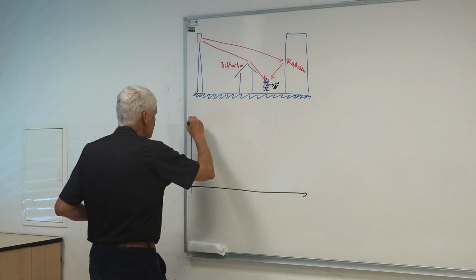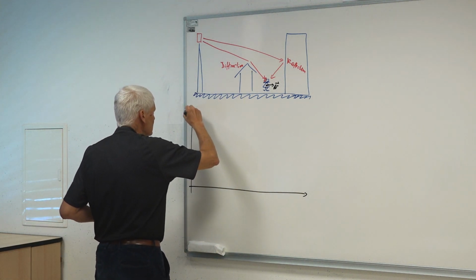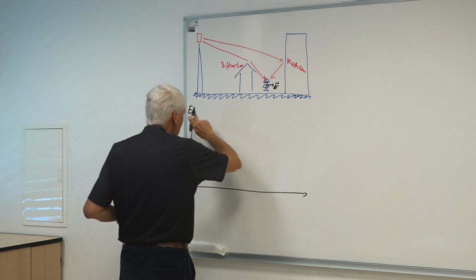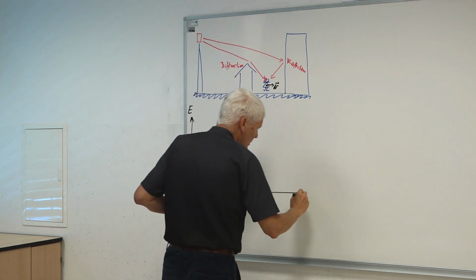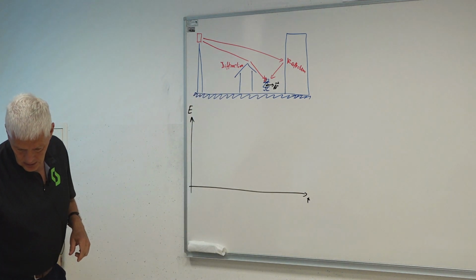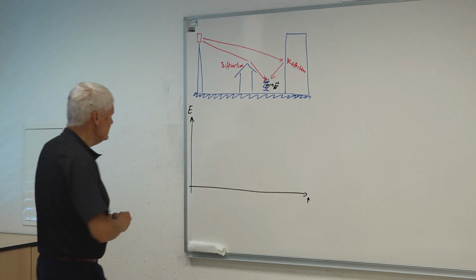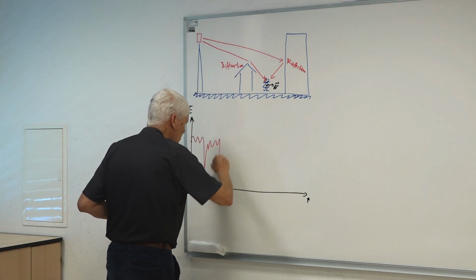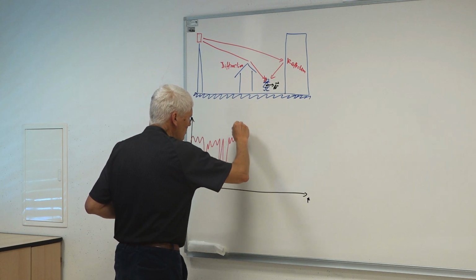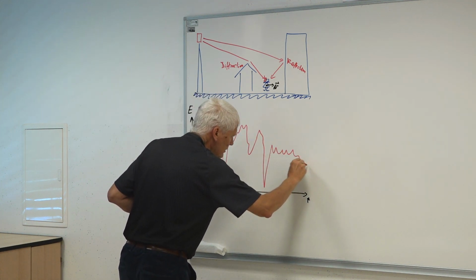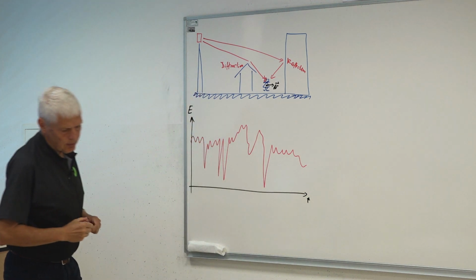So we should write here the intensity, the electric field, just the magnitude, and here time. We have some time dependency here that follows some probability distribution.